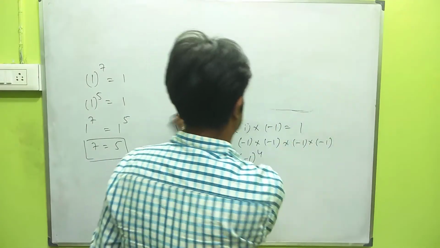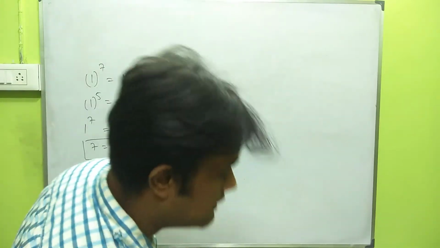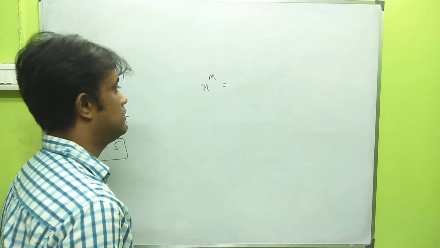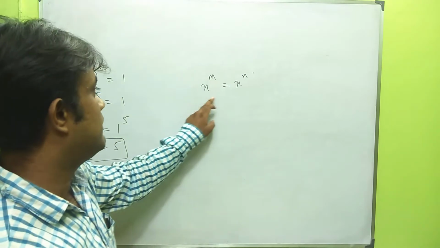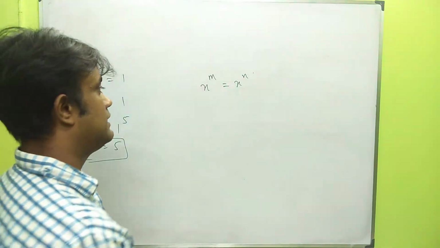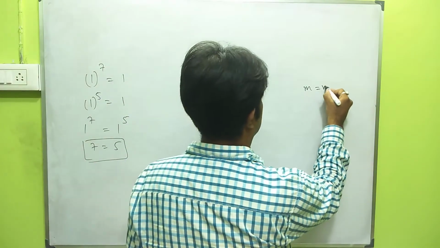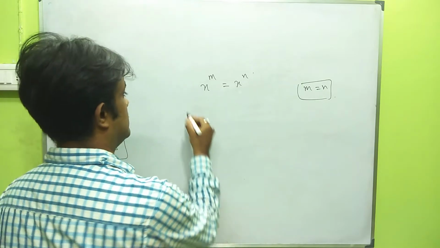Now, if x to the power m is equal to x to the power n, how does it come that m is equal to n? How do we prove the previous formula?